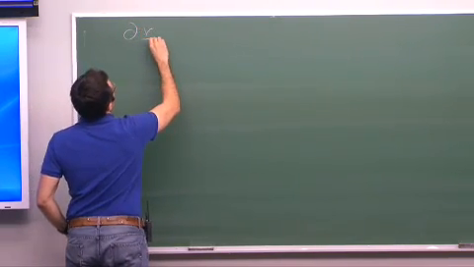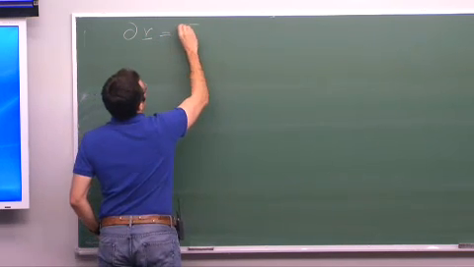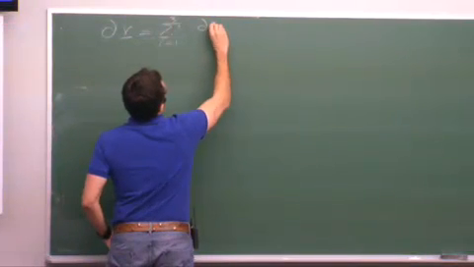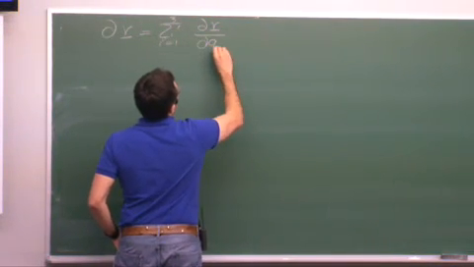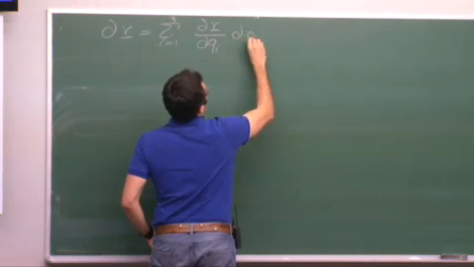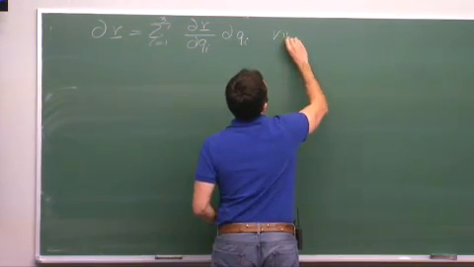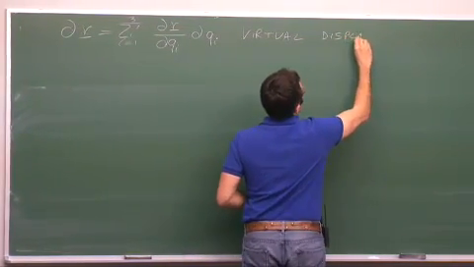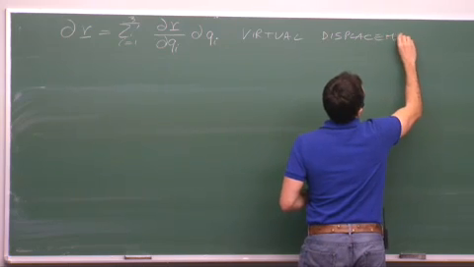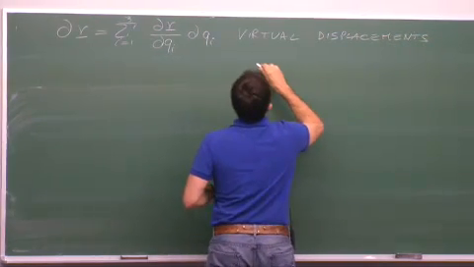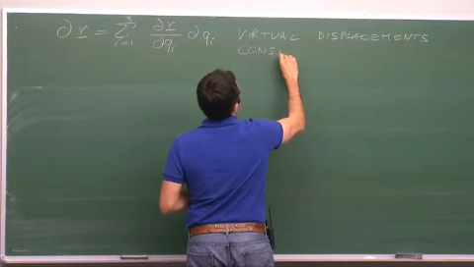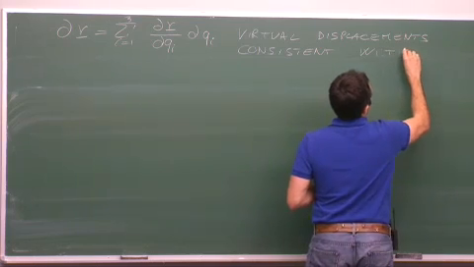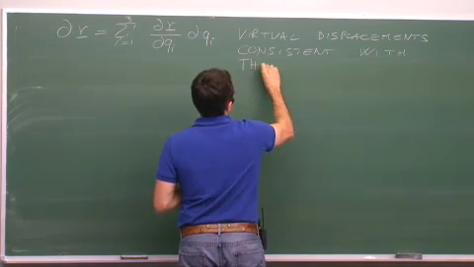We defined virtual displacements. This is for a particle: the sum over i from 1 to 3 of the partial of r with respect to the generalized coordinates q_i, times delta q_i. So these are virtual displacements. And what would we say about them? They are consistent with what we call the instantaneous constraints.